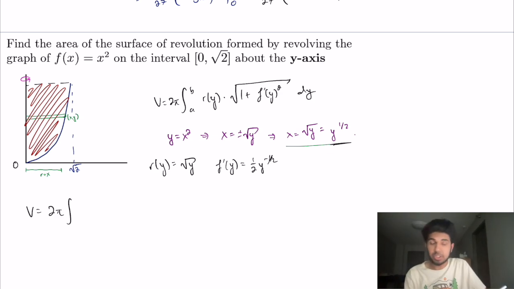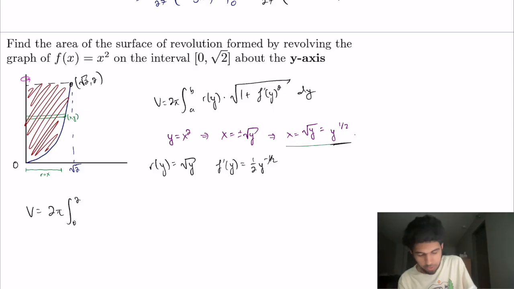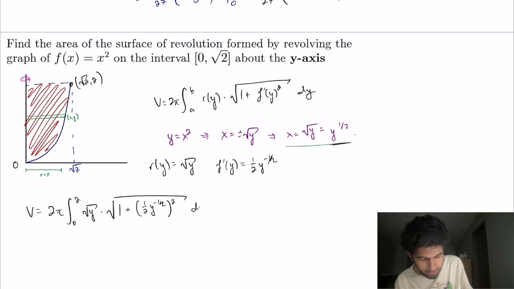With respect to y, we start at 0, and then we go up to this point, square root of 2 comma 2, because we plug it into f of x equals x squared. Square root of 2 squared is 2, so our upper bound will be 2. That's the y value. R of y is the square root of y, and then we're multiplying that with the square root of 1 plus 1/2 y to the negative 1/2 squared dy.